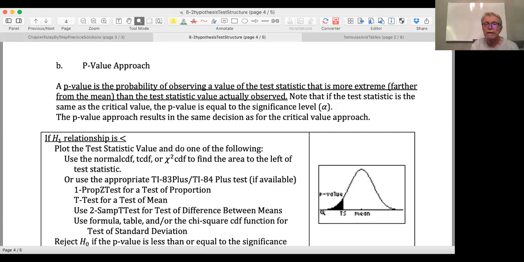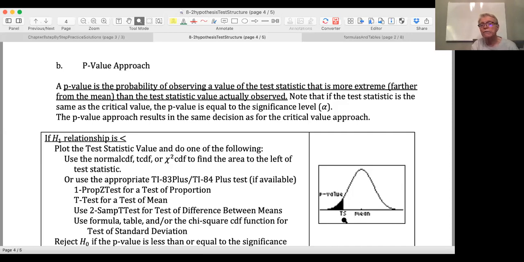So it would be a good idea to draw a picture again, just like we did for the critical value approach. The picture is very similar in terms of the horizontal line being all the values of the test statistic. We plot the mean on there. We also plot the test statistic on there. And the curved line has its peak above the mean.